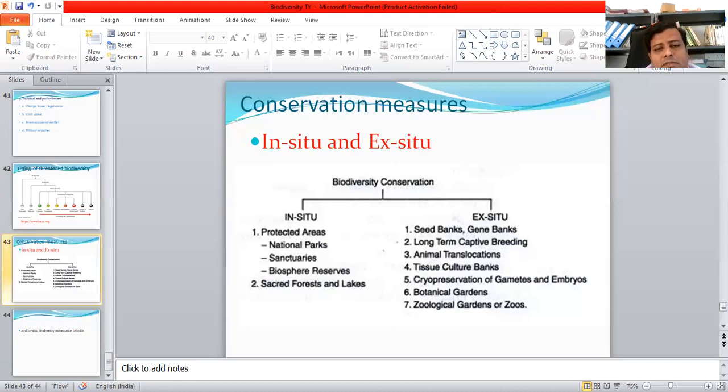The major functions of biosphere reserves are conservation, to conserve the ecosystem, species and genetic resources; development, which means economic development while maintaining the cultural, social and ecological identity of that area; and logistic support.